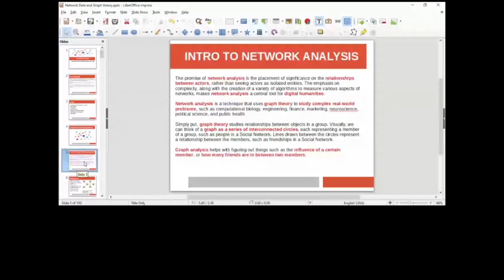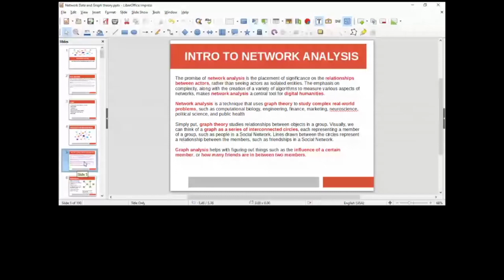It's about relationships and connections of all these entities. That's what network data analysis is all about. Now, the emphasis on complexity and the creation of algorithms to measure these various aspects of networks, because networks are about connections, makes network analysis a central tool for digital humanity.